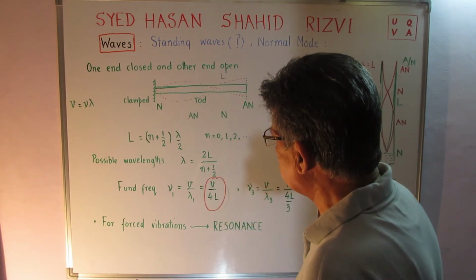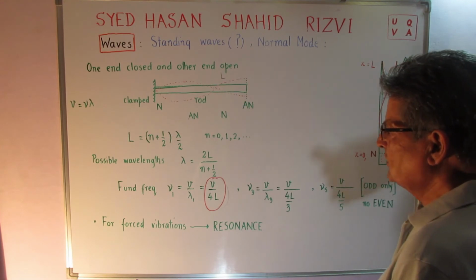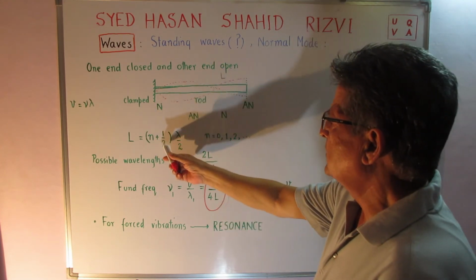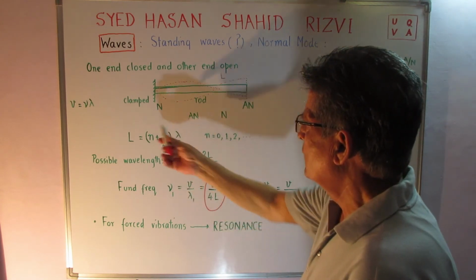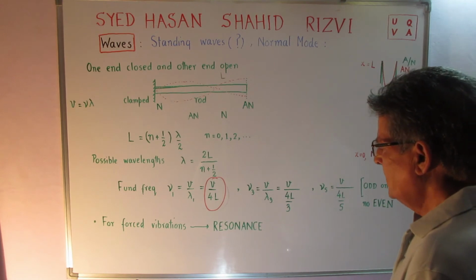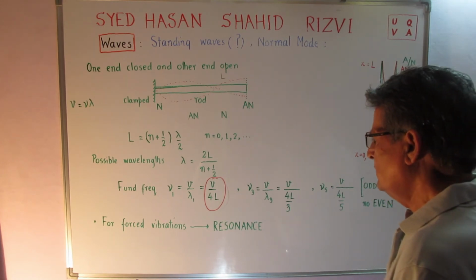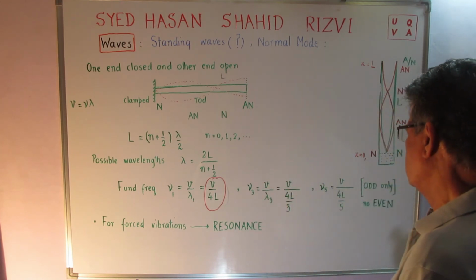The next possible thing is, when I take the value of n as equal to 1, this will become 3 by 2. So my lambda becomes equal to 4 by 3 L. But this frequency naturally will be the third harmonic frequency.